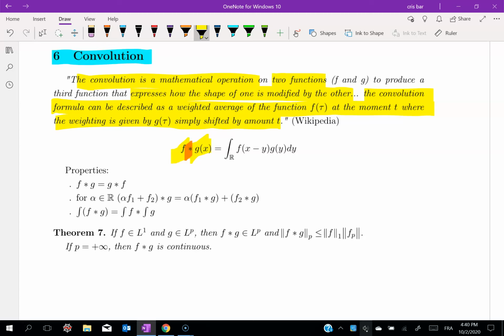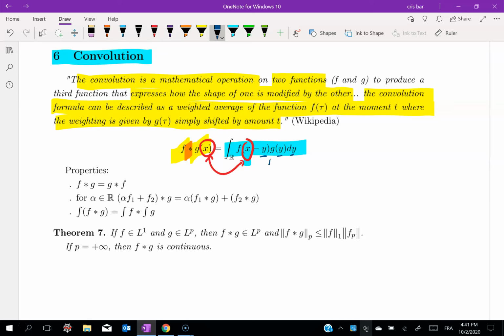So what is that? It's really defined by an integral, which should remind you of a lot of good memories from the past weeks. This function is defined by an integral, and it's really a parameter dependent integral, the parameter being the x here. That's the parameter which defines the argument of the function we're computing, and the variable of integration is the y that we have here in both functions.